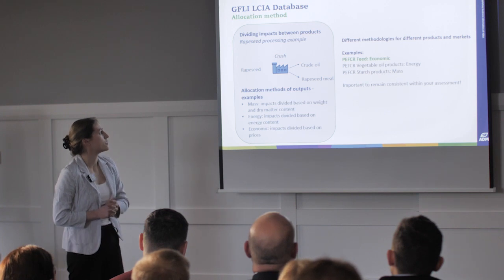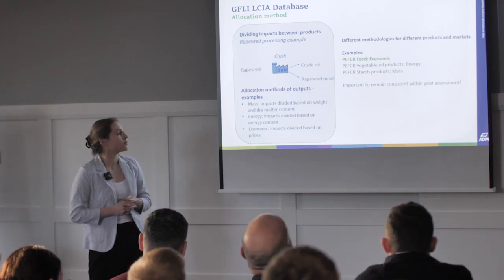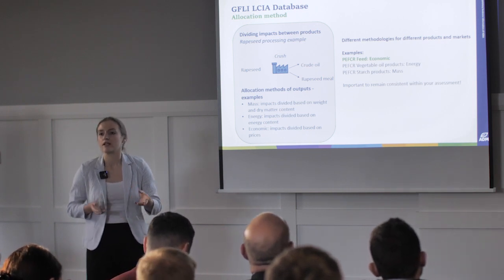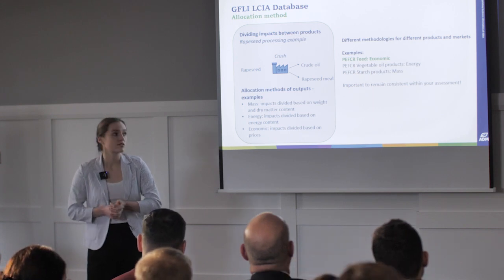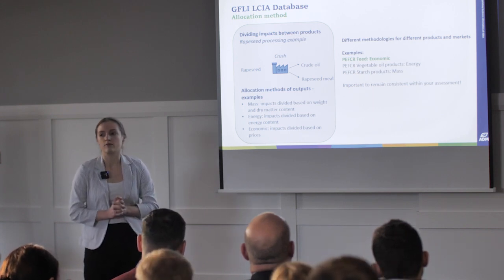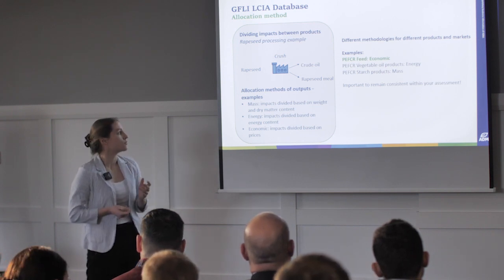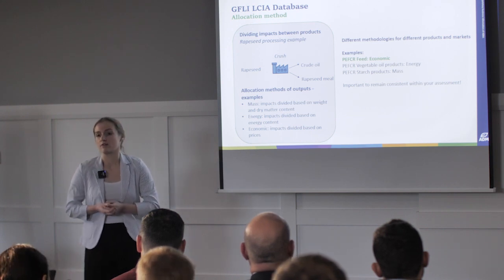One other thing to raise is that there are different methodologies that are applicable to different products and markets. In the feed industry, as Nick mentioned, we have the PFCR for feed ingredients, and here it's recommended to use economic allocation. But other industries prescribe other allocation methods.